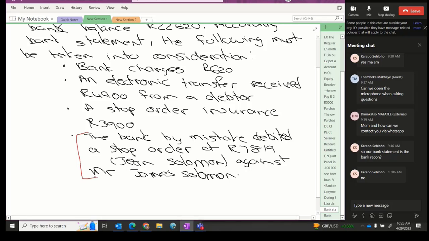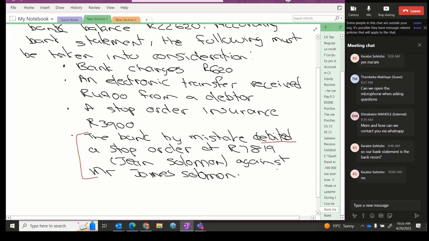I think it needs to be on the debit side of the bank recon. No, you think wrong, because here they said by mistake, they debited your account with someone else's payment. So if it's debited now in your bank statement, it means you have to tell them to credit.